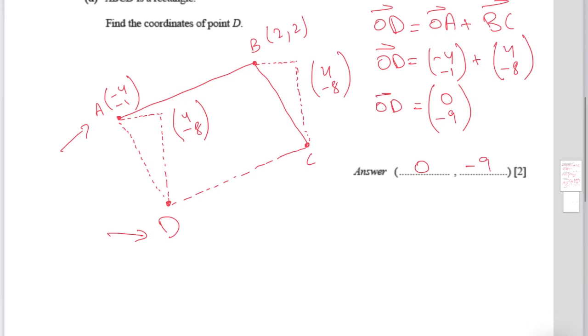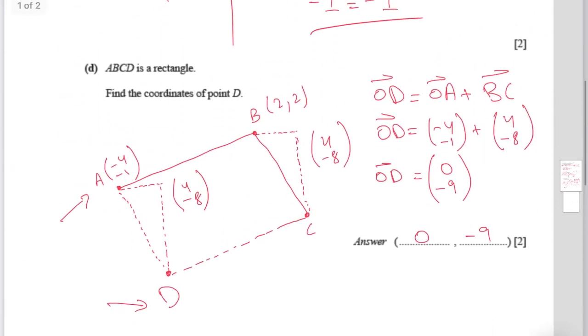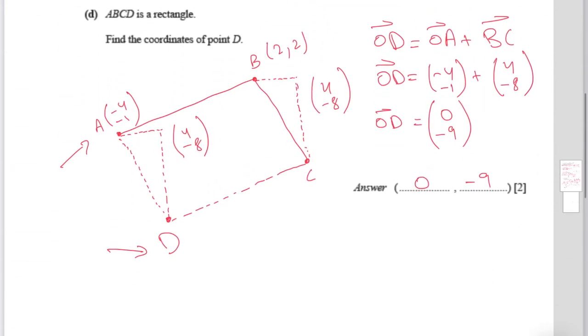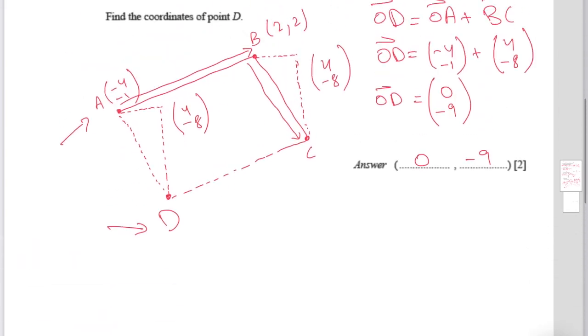Okay, let's move on. The next part of the question says, calculate the perimeter of the rectangle ABCD. In order to calculate the perimeter of the rectangle, first we need this length, which is AB, and we need this length BC. When we add these two lengths together, we multiply them by 2 to find the perimeter. Let's find AB first.